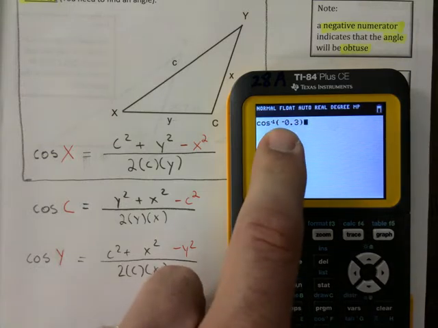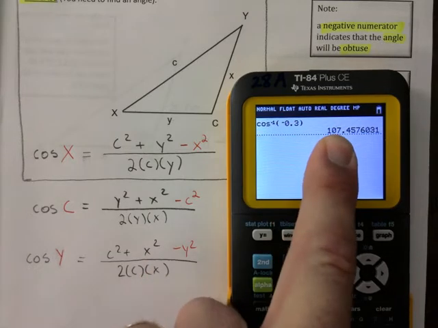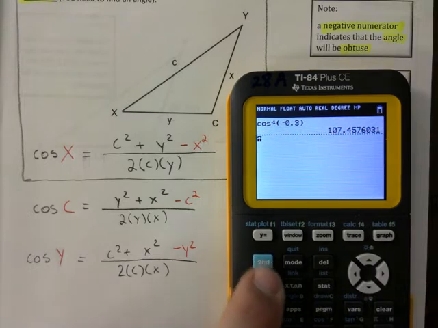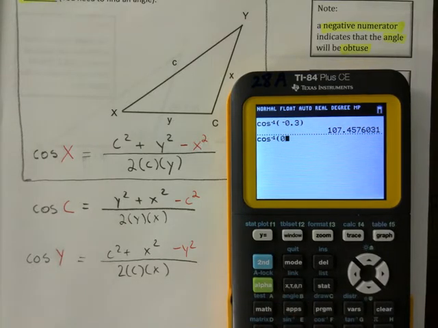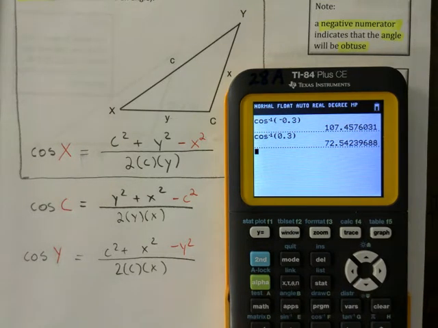If it's negative, I can already tell you it's going to be greater than 90, right? So let's go ahead and find out. It's 107 degrees, right? If you were to go second cosine, like the inverse, and go 0.3, if you miss that negative, you're going to get an acute angle. So you got to make sure you don't miss that.